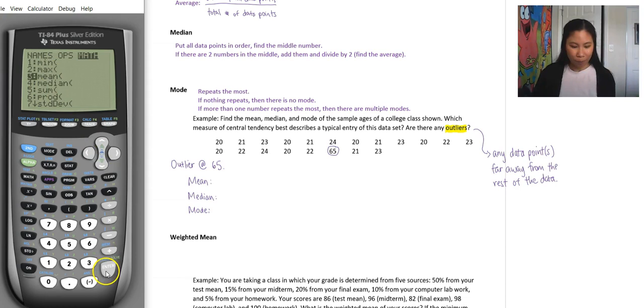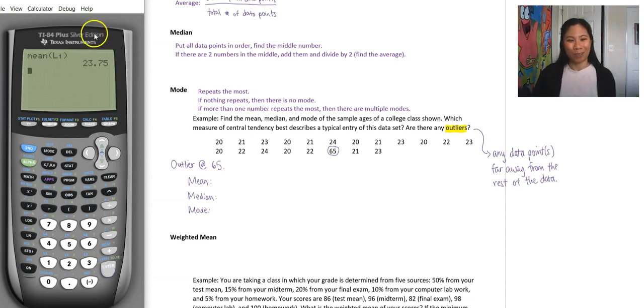That's number 3. So hit enter and it'll say mean parentheses. You just want to tell the calculator which list of numbers you want to find the mean of. We put all our numbers into L1. So for L1, we type in the blue L1 above the number 1: second and then number 1, end our parentheses, and then hit enter.